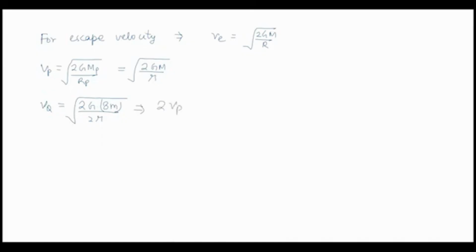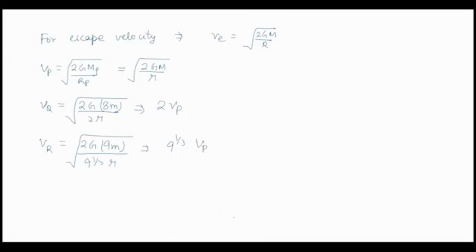And if we calculate the escape velocity for R, we write it as 2G mass of R, that is 9m, and the radius is cube root of 9 into r, so 9 to the power 1 by 3 into r, under the square root. So from here we obtain it as 9 to the power 1 by 3 times Vp. So these are the three expressions which we have obtained.